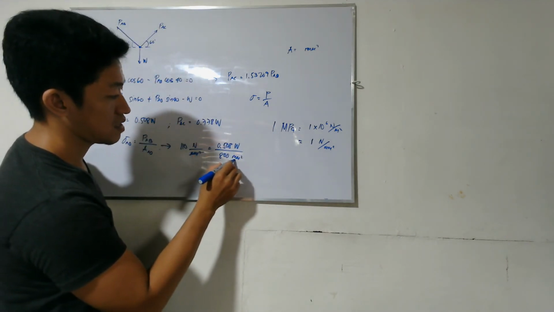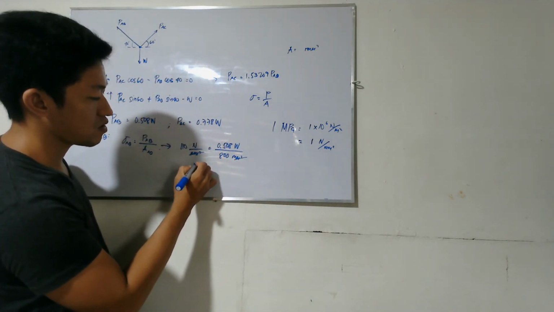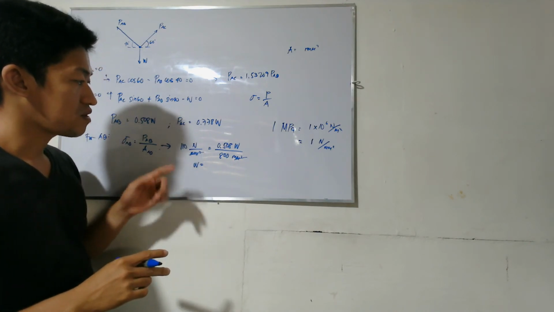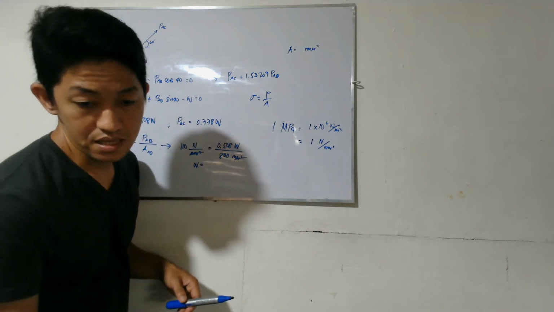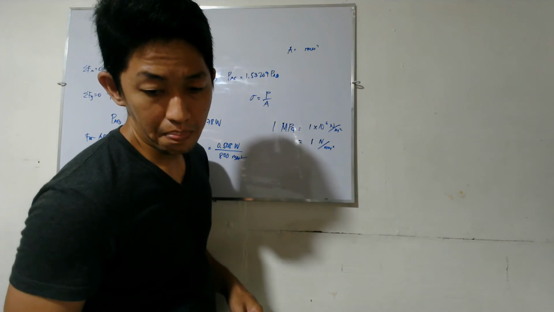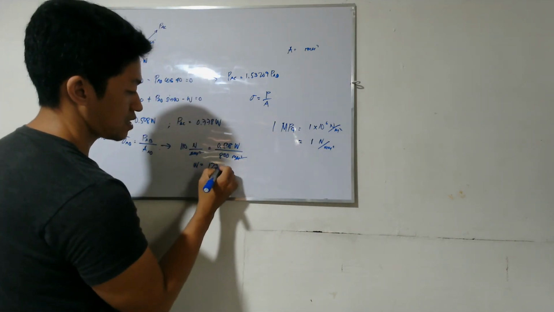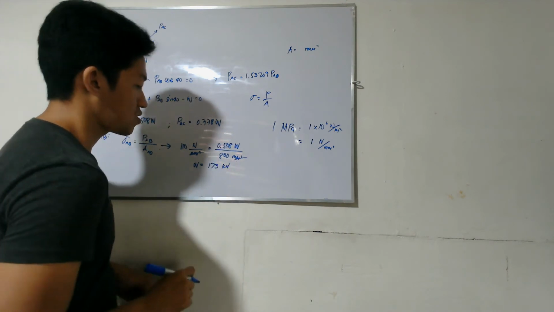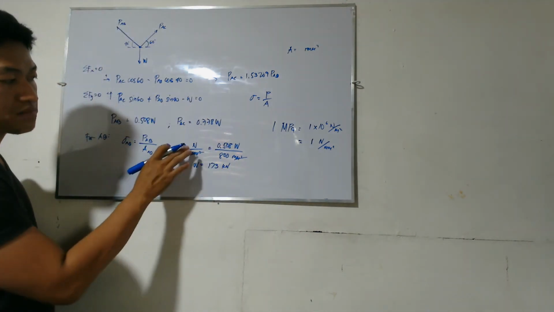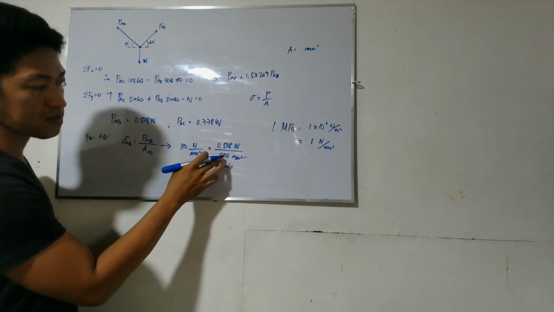So, the mm cancels. Therefore, the weight you get from AB is 173 kilonewton. Newton, right? 173,000 Newton is what we get.